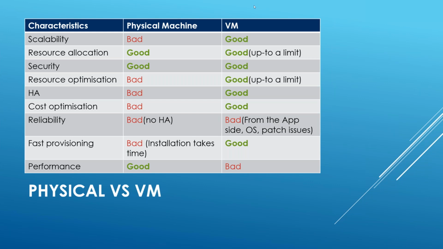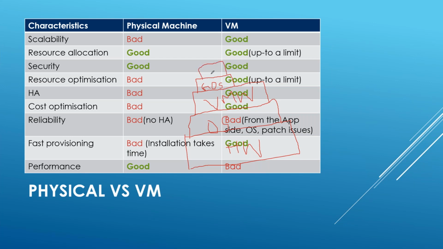Why? Because, what is the VM architecture? You have your hardware, on top of that your OS, on top of that your VMware, on top of VMware again a guest OS, and on top of that an app.